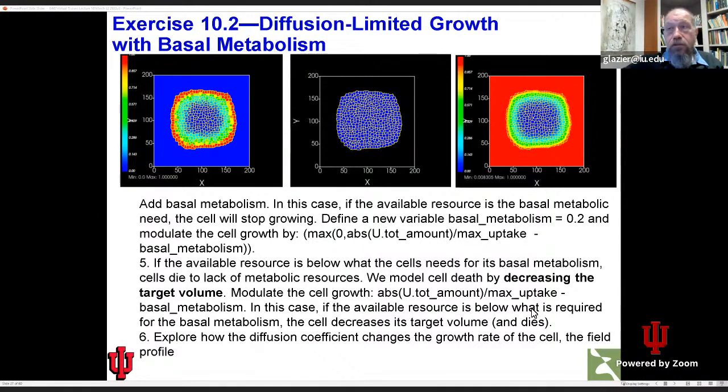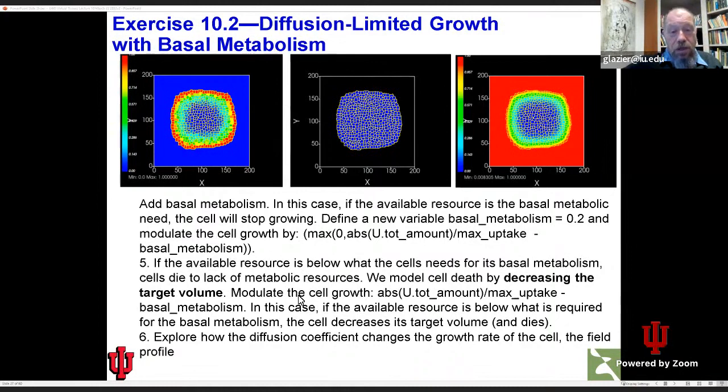So why don't people try this little exercise for a few minutes? Maybe one or two of you can try, I don't know, Joel and Josh, why don't you try the first part of it, which is to say that the growth rate is either 0 or the absolute value of the uptaken amount minus a basal metabolism.